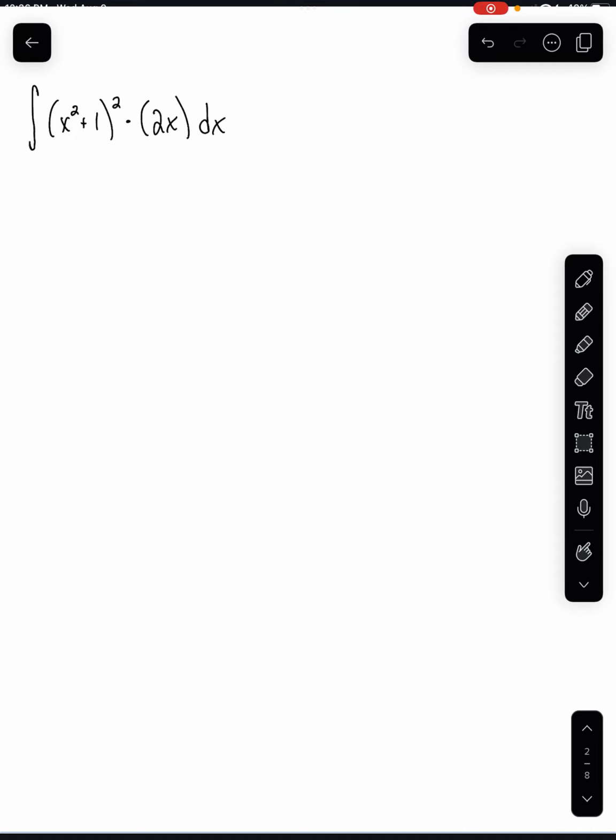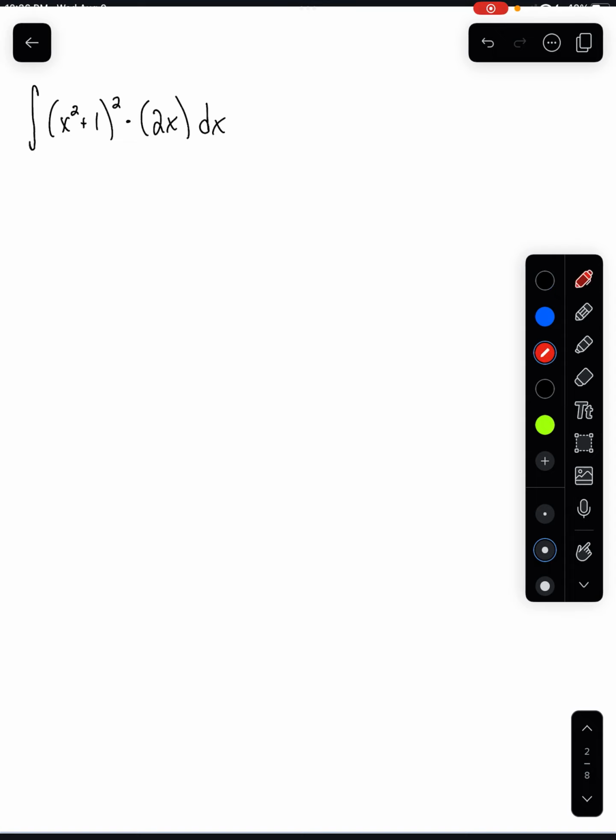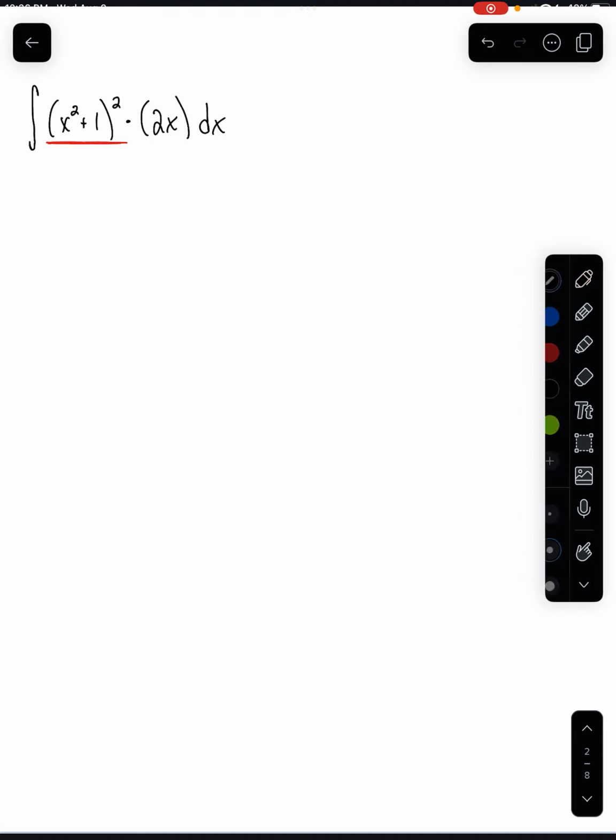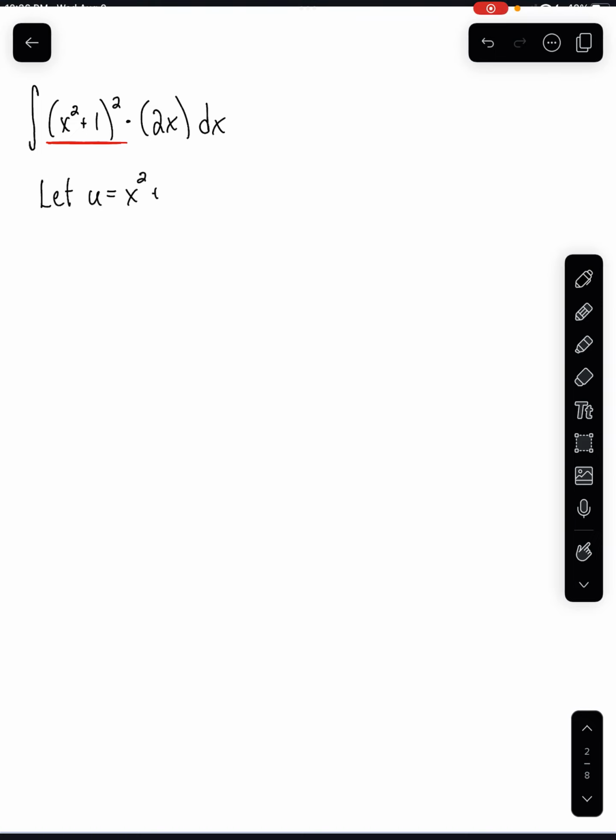Now, what we have here is, first, a composition. We have the composition here, x squared plus 1 on the inside, with the square on the outside. So, just like with the chain rule, we're going to start out with let u equal the inside function x squared plus 1.